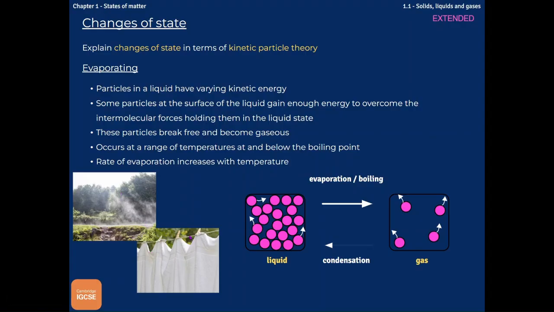Or we had this picture last week too: your towel will dry in the sun because of evaporation. Slowly, each of the liquid particles gets enough energy to escape. The rate of evaporation increases with temperature. That makes sense, right? More temperature means more kinetic energy available to these particles, which makes them more likely to escape.